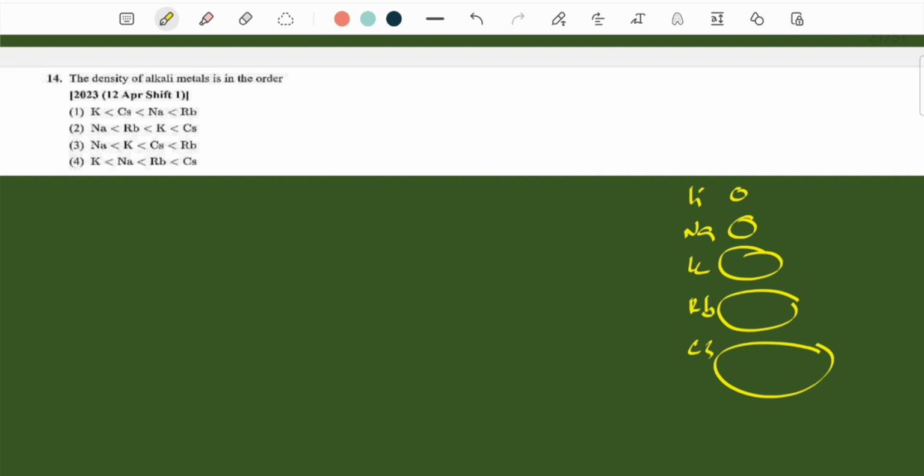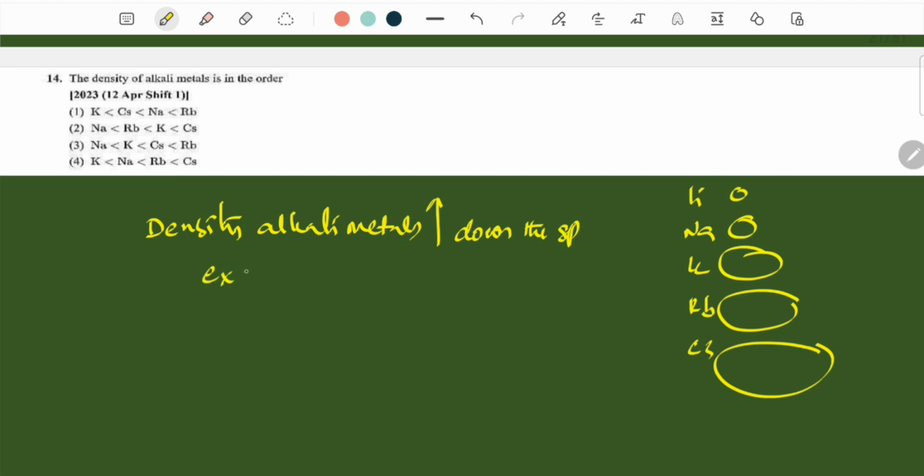The density of alkali metals increases down the group, except potassium.